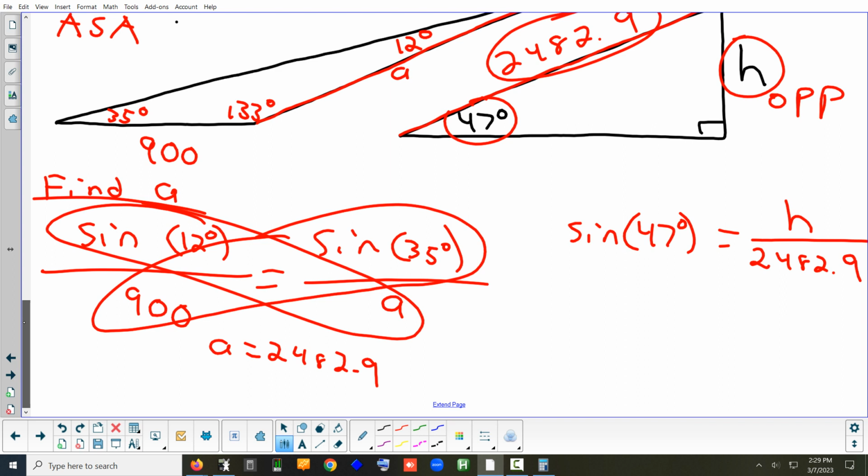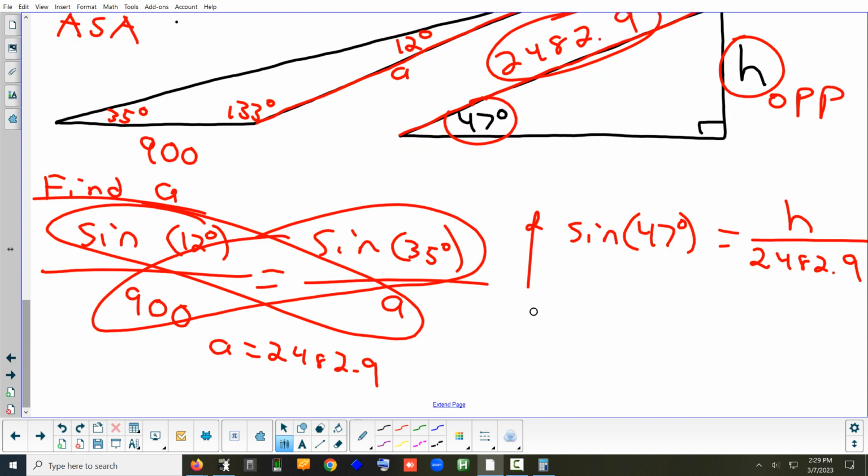So I'm looking for either an add, subtract, multiply, or divide. Oh, multiply. Yep, you multiply 2482.9 on both sides.